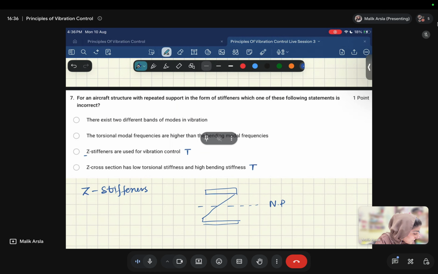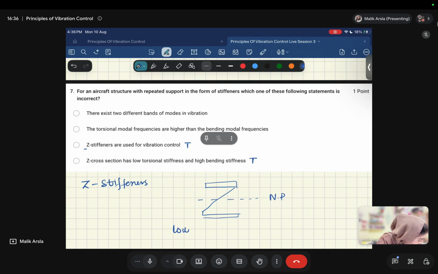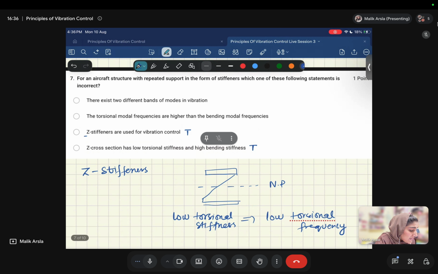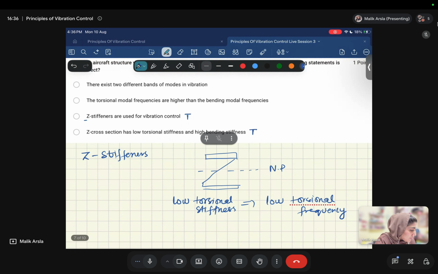So low torsional stiffness implies low torsional frequency, and vice versa. But looking at option 2, it is written the opposite. It is written that the torsional modal frequencies are higher than the bending modal frequencies, which is incorrect. It should be the other way around. So this option is false.